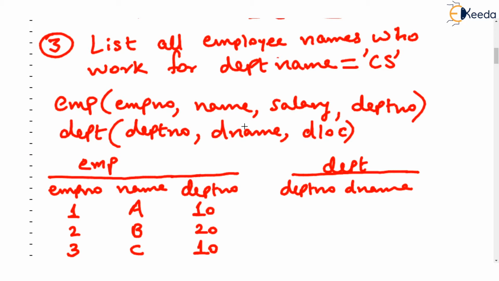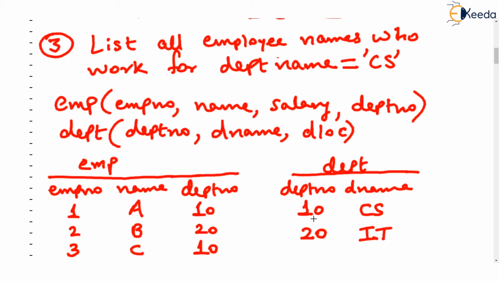So there exists a department number 10 and the name of the department is CS, let's say, and there exists department number 20 and name of the department, let's say, is IT. So what do you know from the given question? Those employees who work for department CS should be listed, and department CS has department number 10.